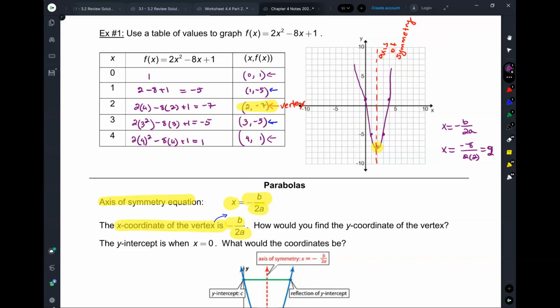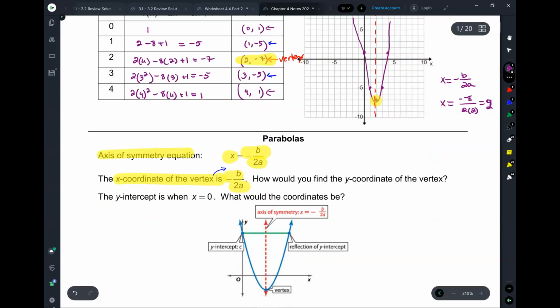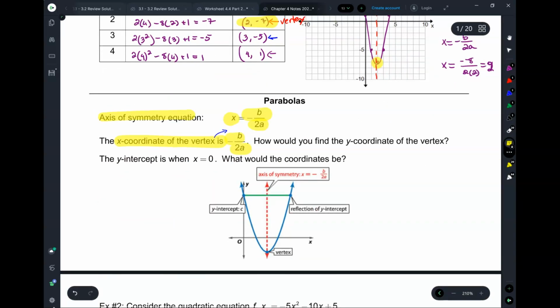How would I find the y value? Take x, plug it back into the function. Okay? So to find the y value, plug x back into the function.